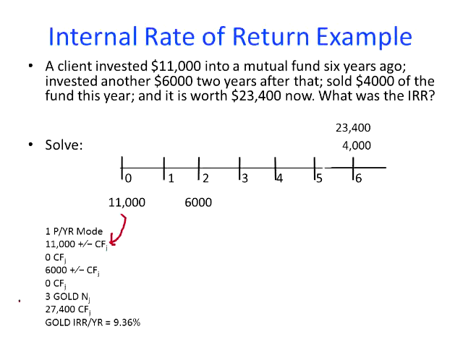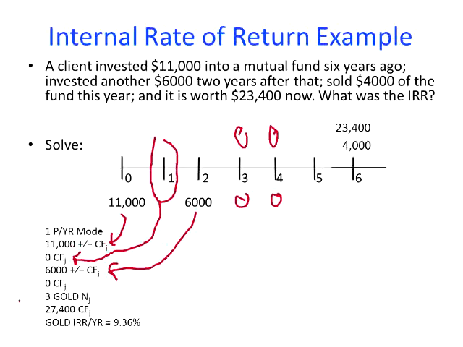Your $11,000 is your point in time zero. There's nothing here for the first year, so I'm going to tell you, make sure you put in the zero. $6,000 was invested 2 years after that, so that's $6,000. Notice how they changed the sign here. Year number 3, nothing occurred here.